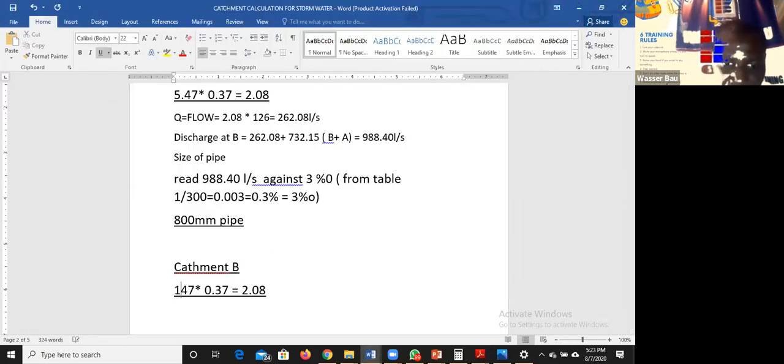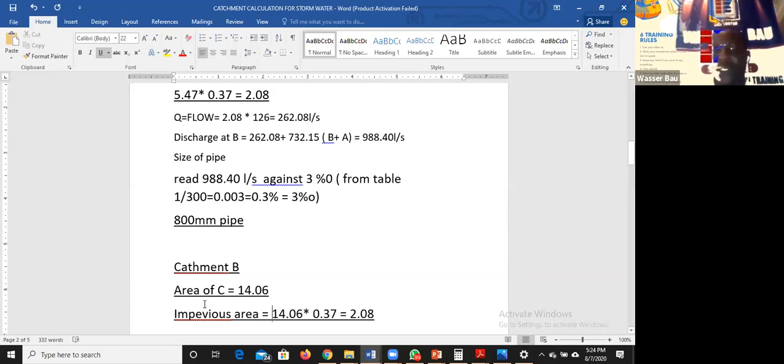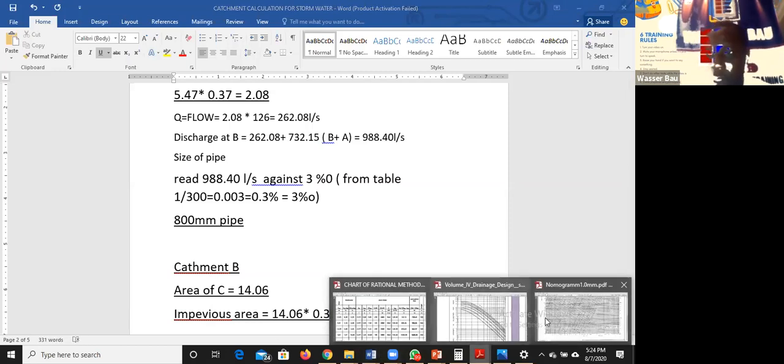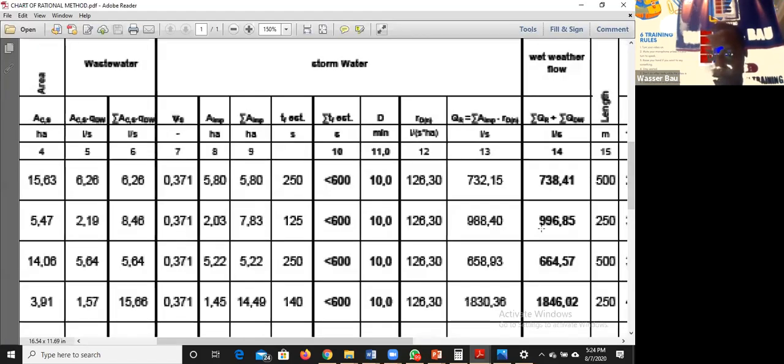So 14.06. Now you say area of C equals 14.06, but the impervious area, which is the real area contributing to runoff, is now this.